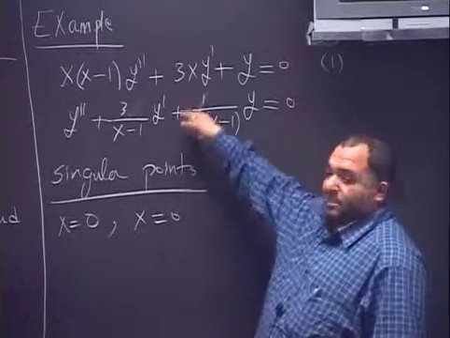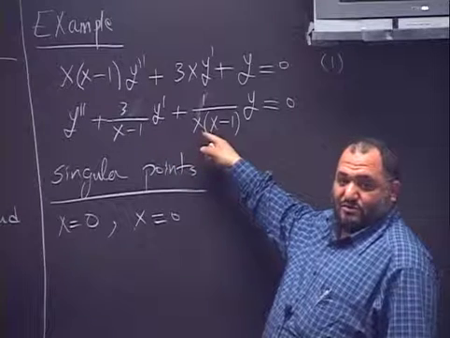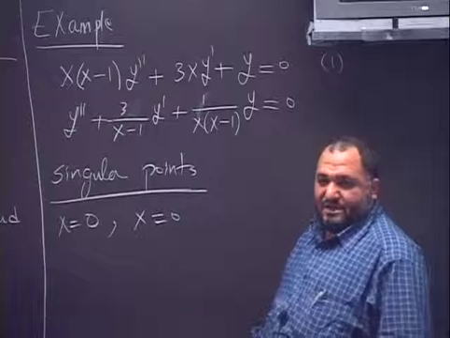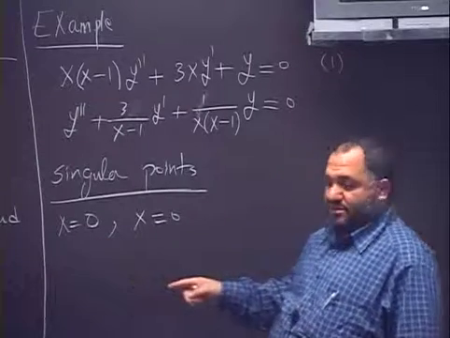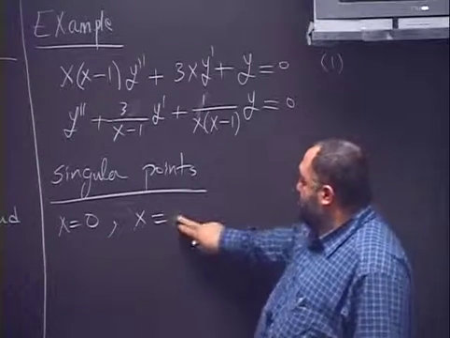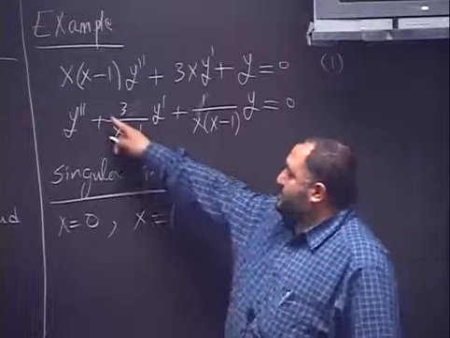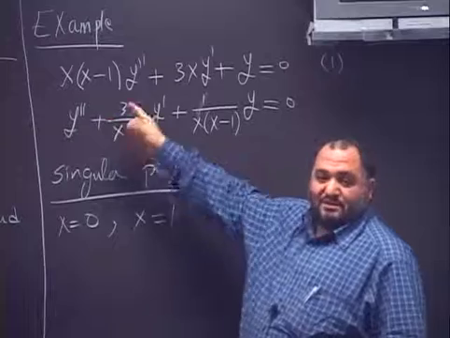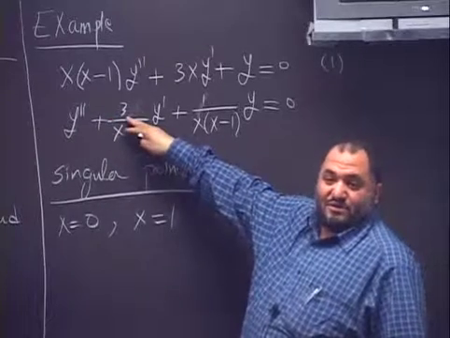And here, multiply by x, so x will cancel with x. Substitute when x equal to 0, this will give you still a number. So it's not infinity. So x equal to 0 is regular. X equal to 1: you multiply here by x minus 1. It will cancel with x minus 1, and you will be left with 3.